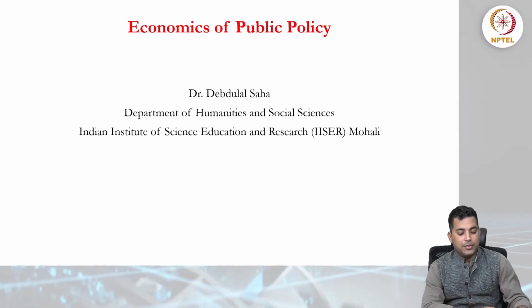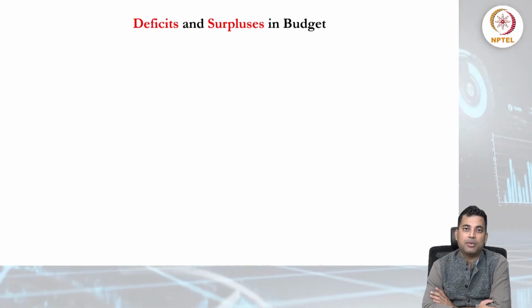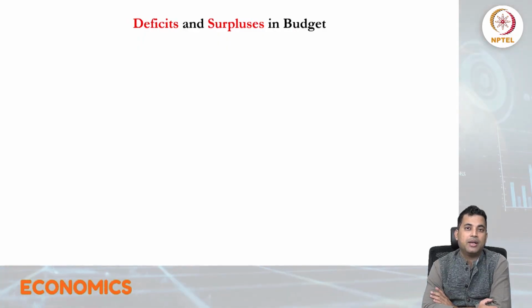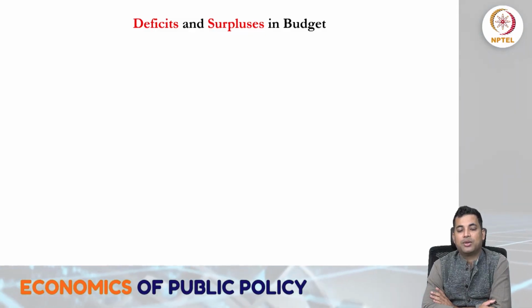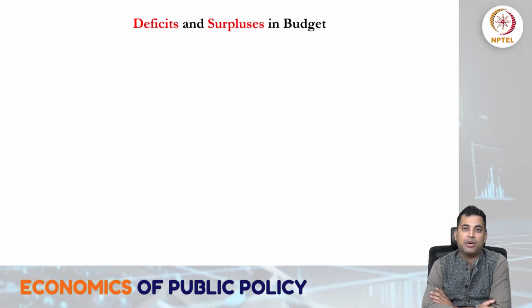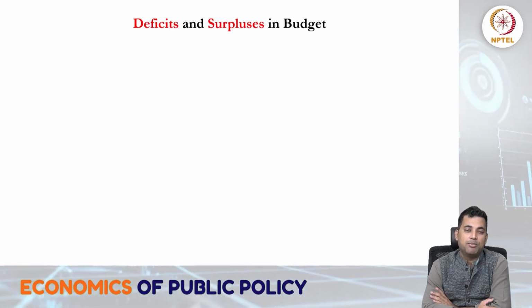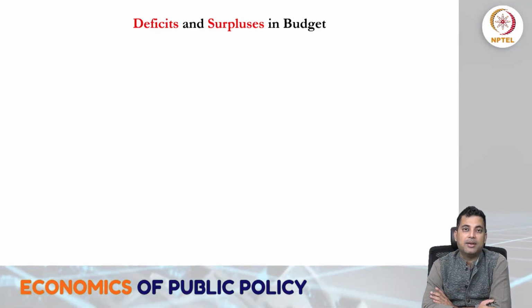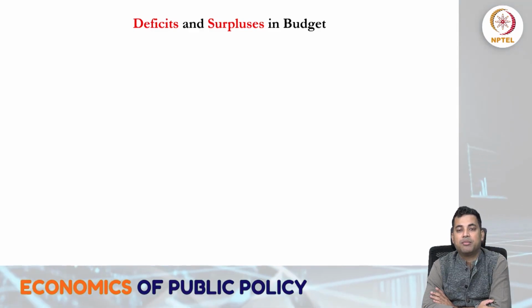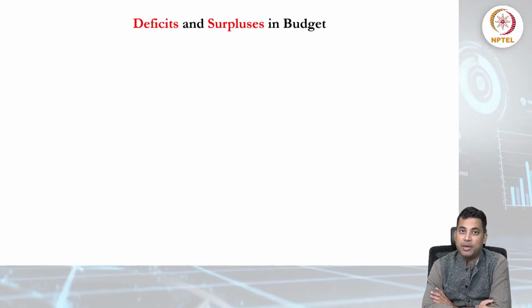policy. In our last discussion, we spoke about the grand macroeconomic equations, and we also discussed all the broad macroeconomic components: output Y, consumption expenditures, investment expenditures, government expenditures, and export and import in the case of an open economy.